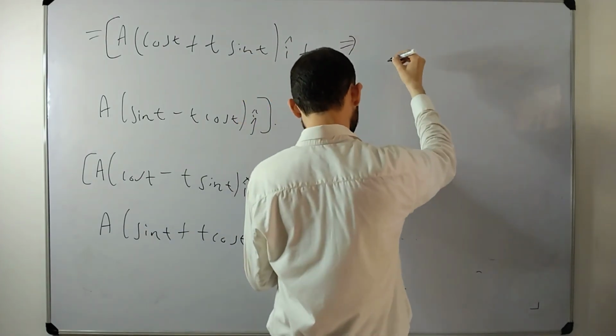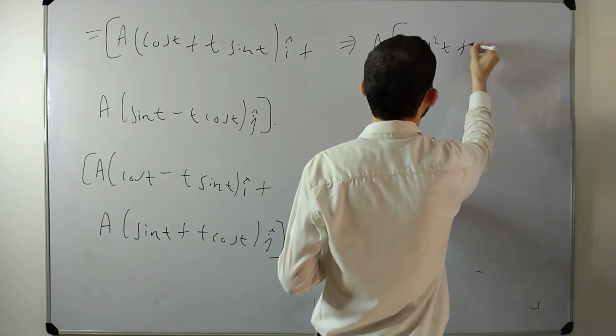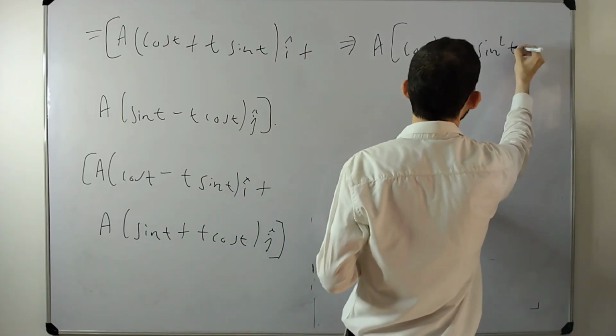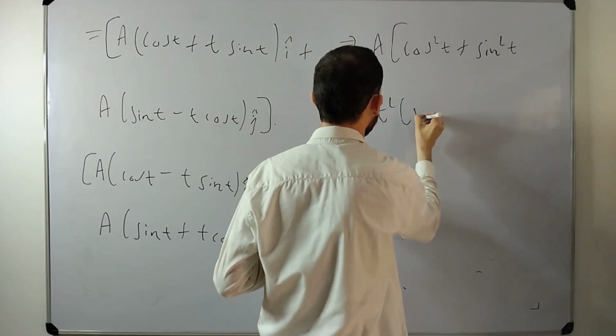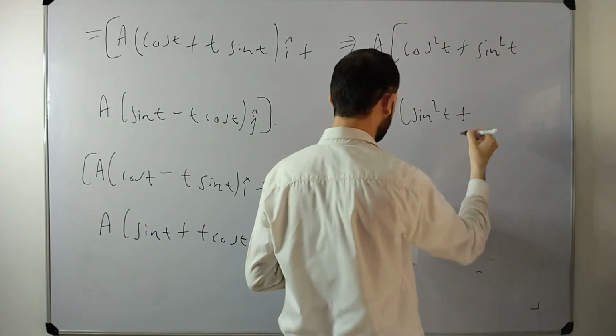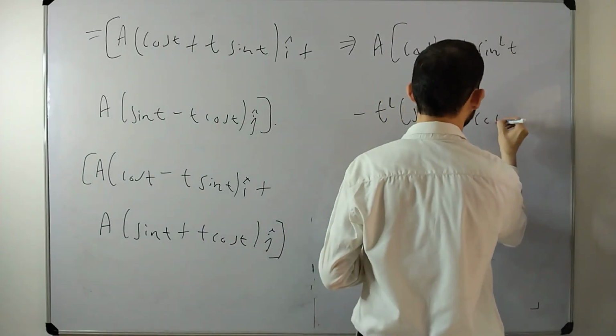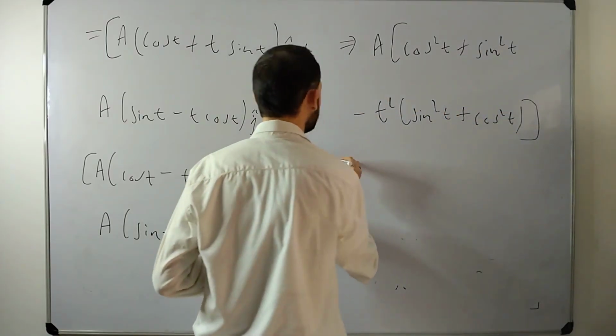A cos square t plus sin square t minus t sin t cos t, and this is what?